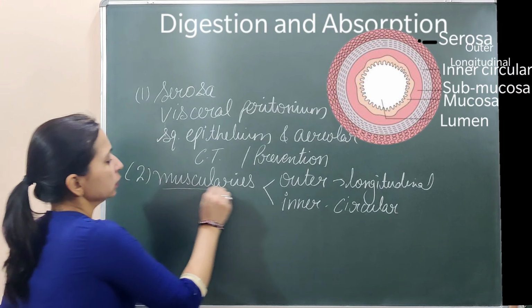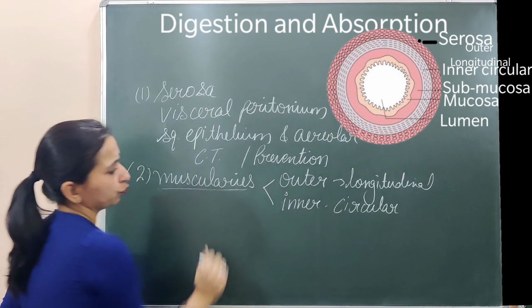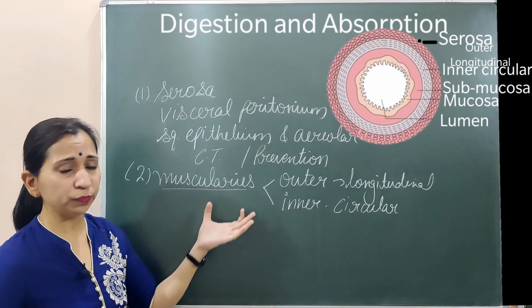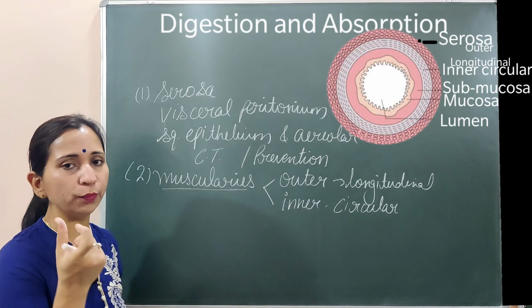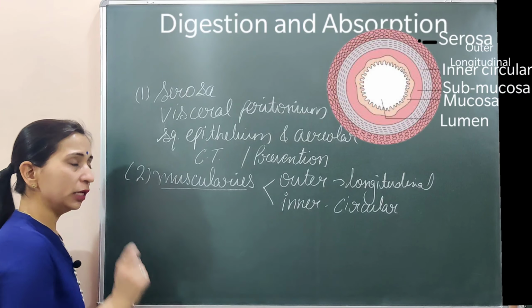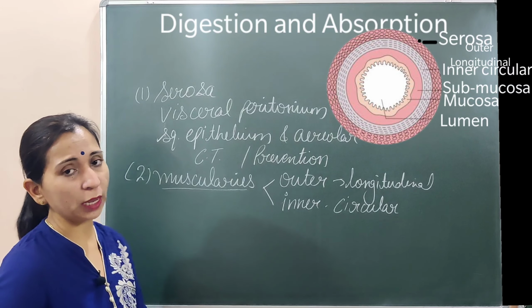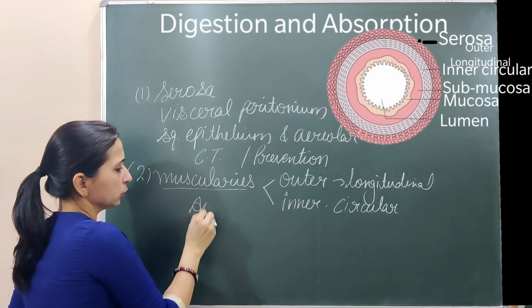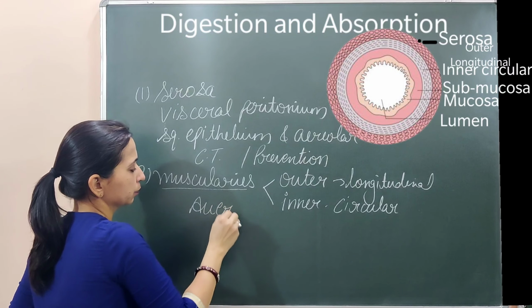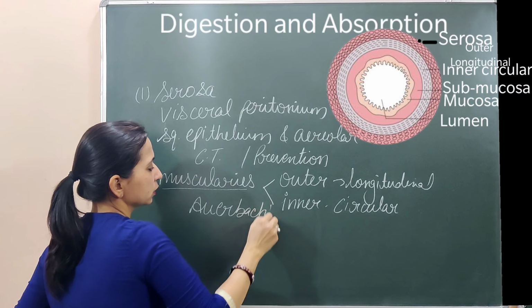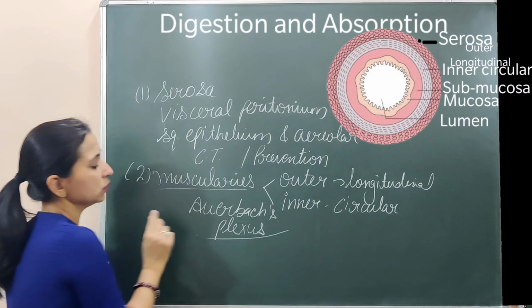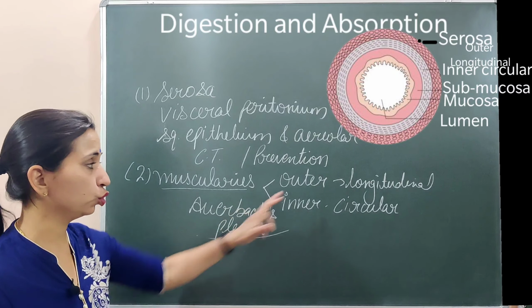Now in this muscularis, between the outer longitudinal and inner circular muscle layers, एक और important structure present होती है. There are some neural tissues present there, and they are known as the Auerbach plexus. Some nerve cells and nerve tissues are present between these two layers.